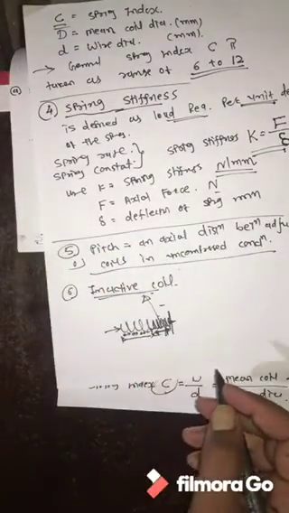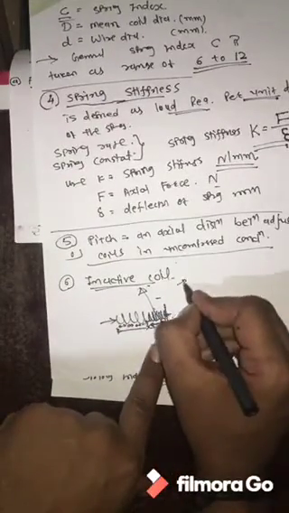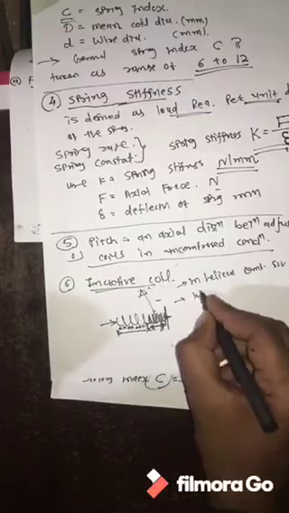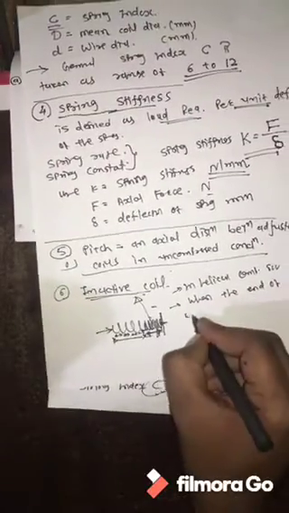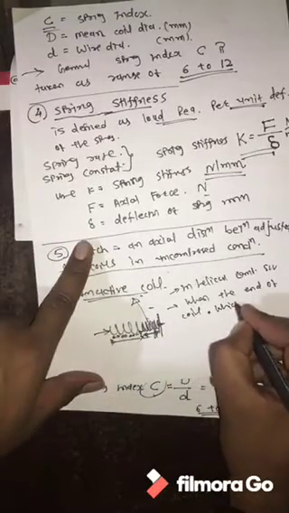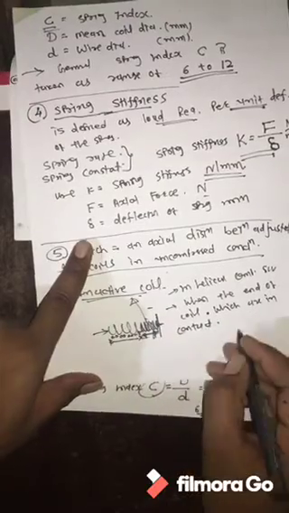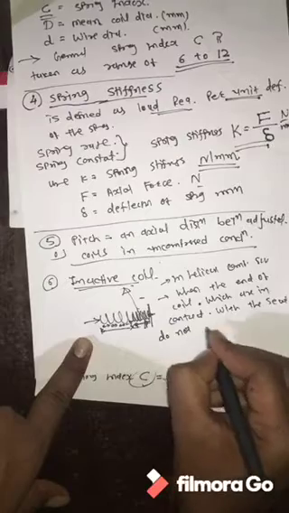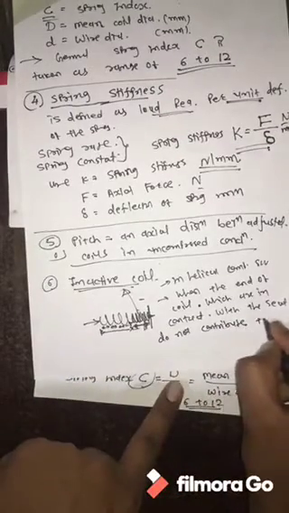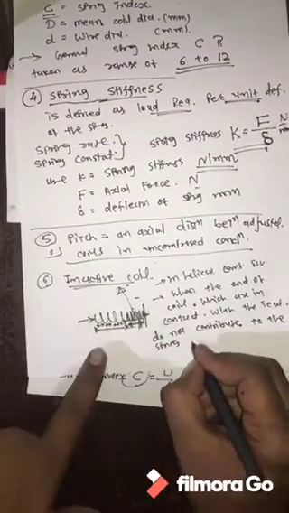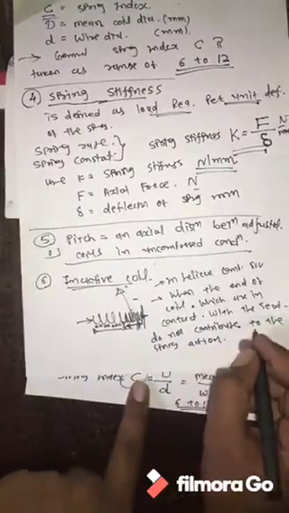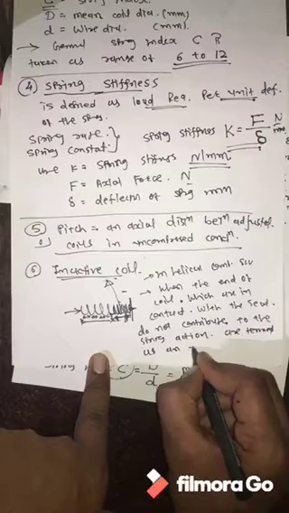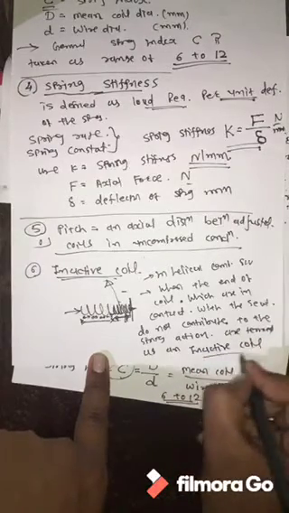The definition is: in a helical compression spring, the end coils which are in contact with the seat and do not contribute to the spring action are termed inactive coils. Understand?